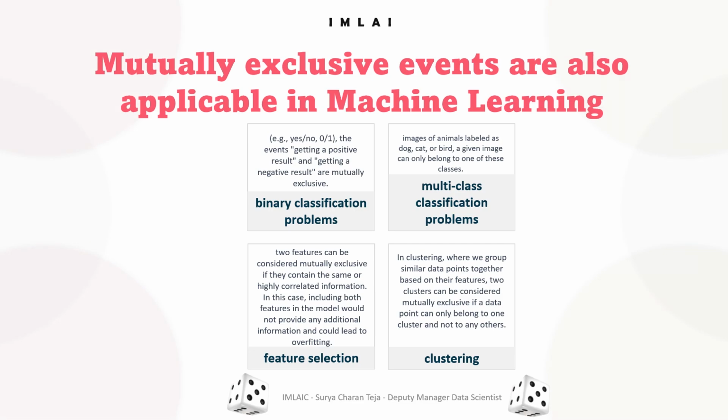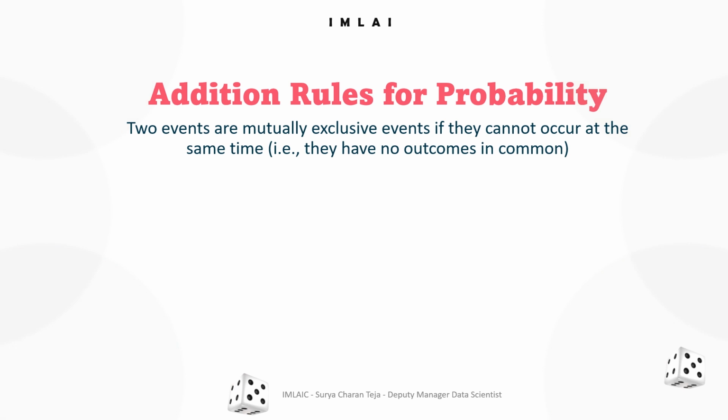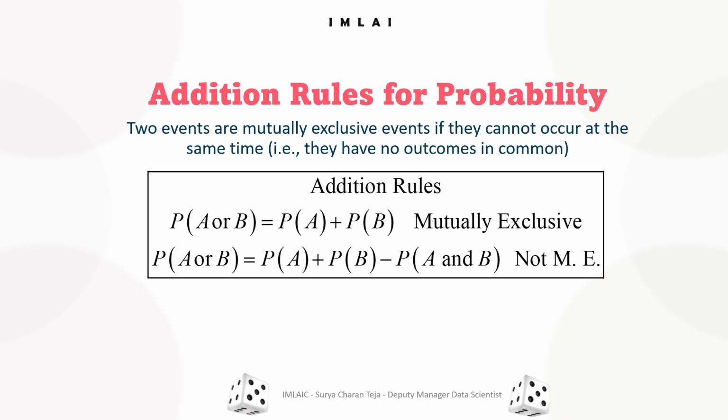So, as we have understood about mutually exclusive events, now it's time to see addition rules for probability. There are two addition rules. First, we will look into the addition rules one by one. The addition rule for probability states that the probability of the union of two or more mutually exclusive events is the sum of the probabilities of the individual events.